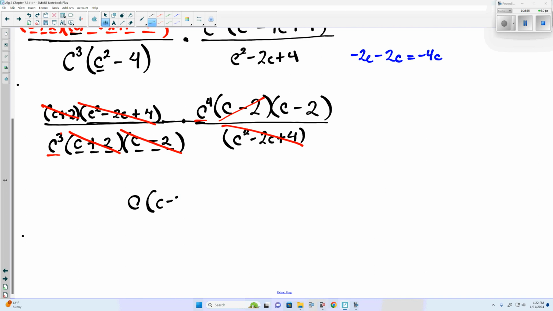C times the quantity c minus 2. A way that we can do this and write it out is, 3 of these c's will cancel out with 3 of the ones on top, which reduces it from 4 to 1. But that right there is as far as we need to go.